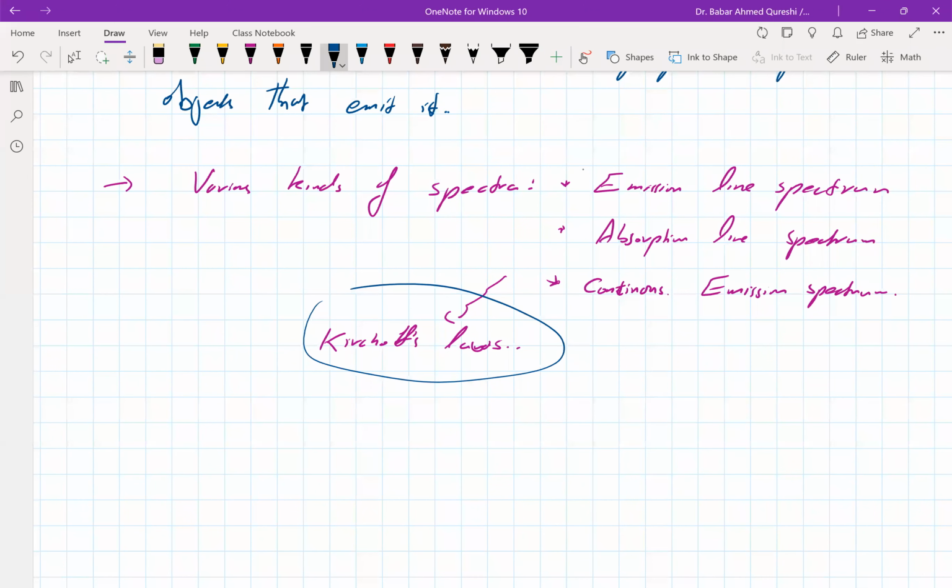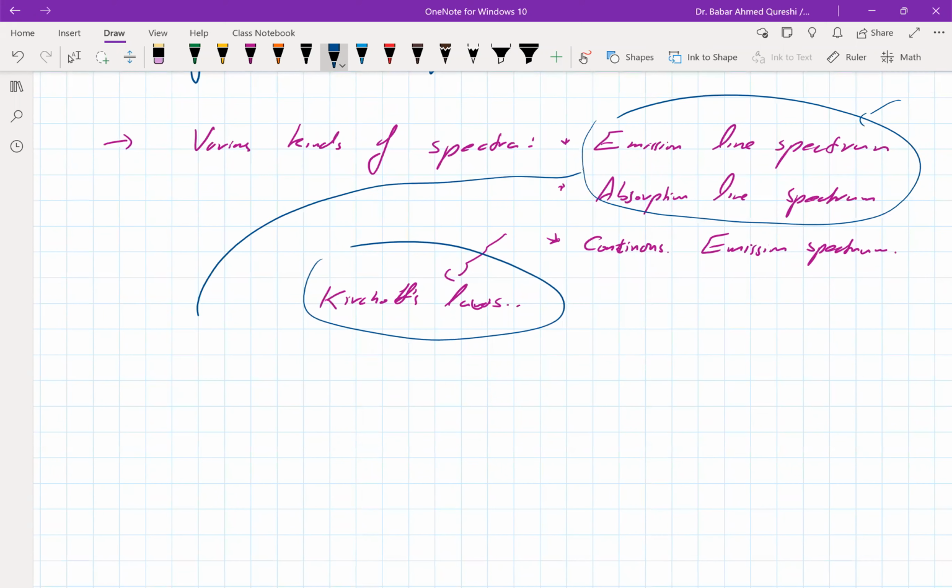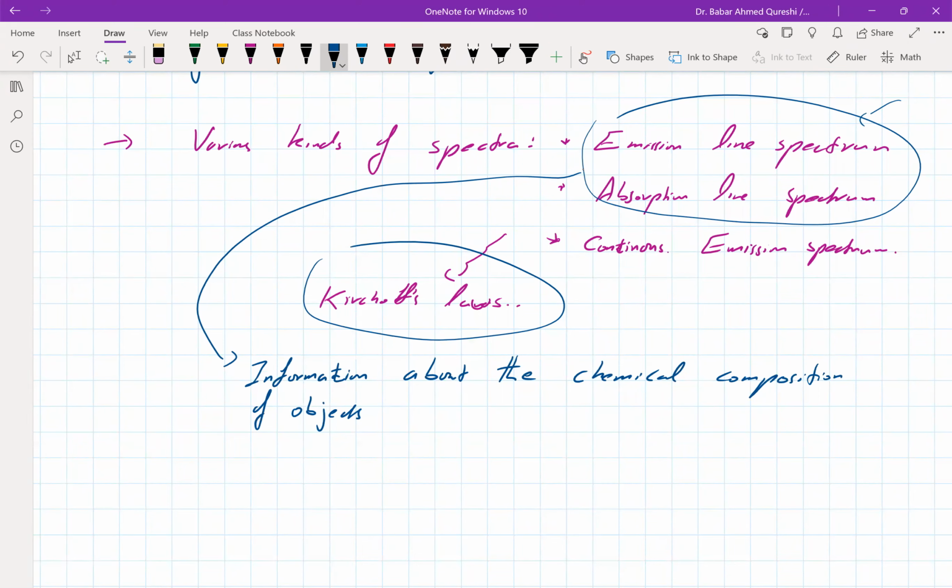Which one will be produced is summarized in Kirchhoff's laws. And these spectra have information about the chemical composition of the objects emitting them.